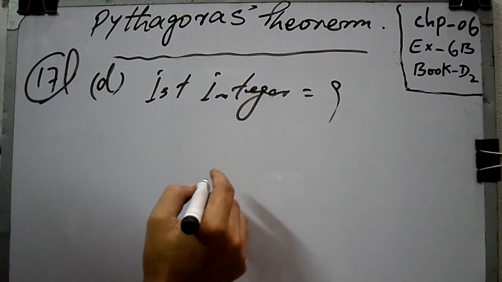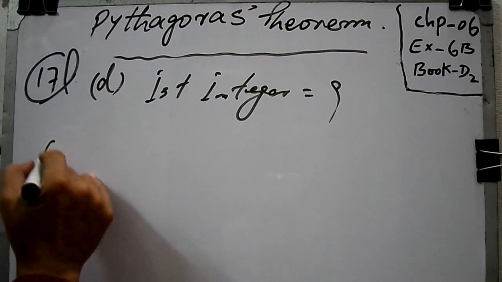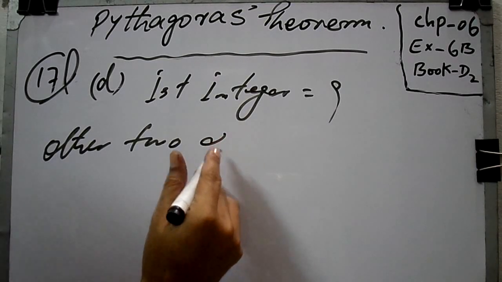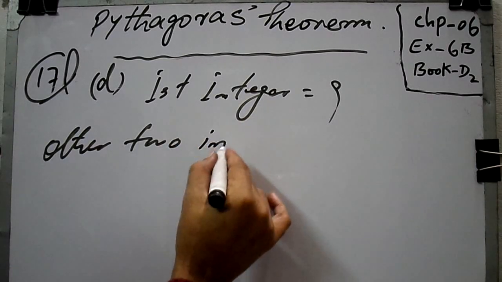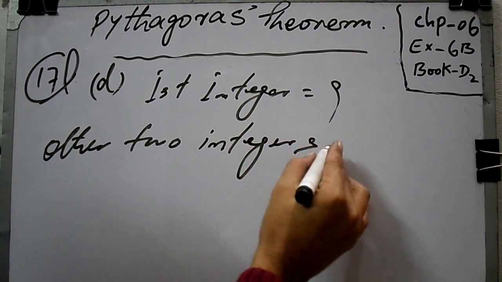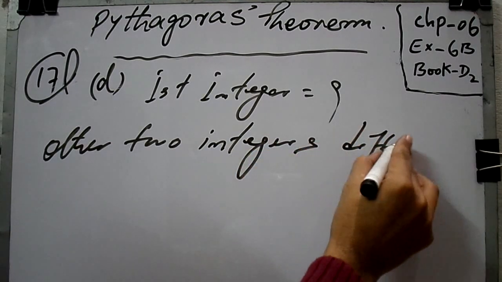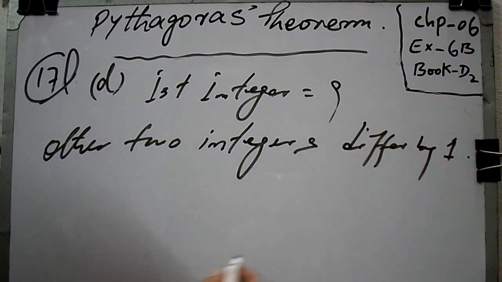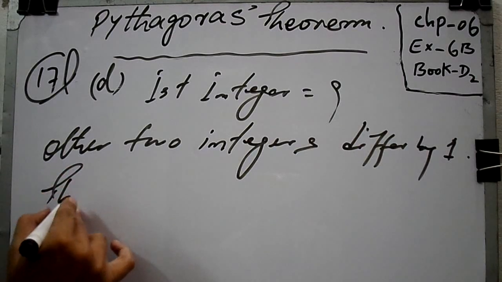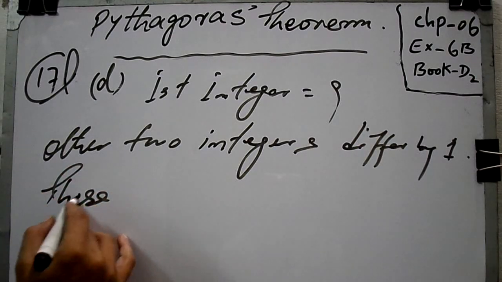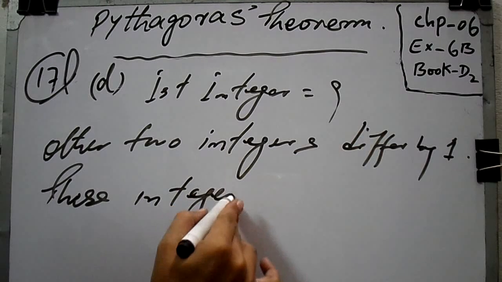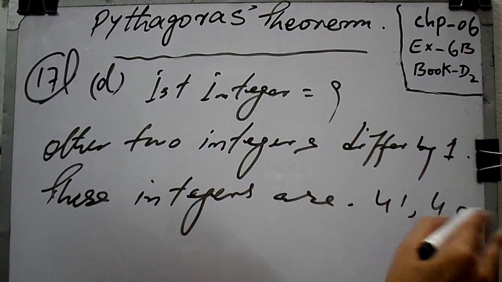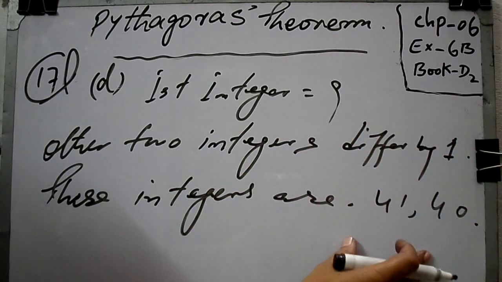So you can say that these integers are 41 and 40, because they only differ by 1.